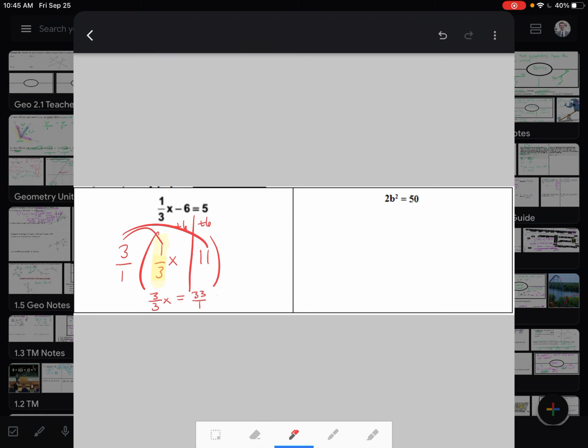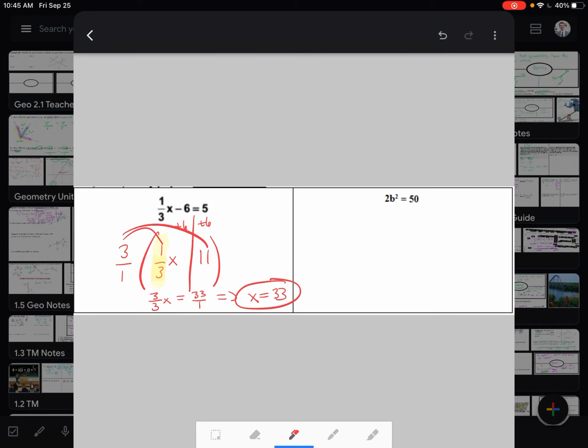Then if we simplify it, that 3/3 is 1x, and 33 divided by 1 is 33. So we'll see that as our full answer there on the left side, and that's a reciprocal type question. See if you can use the same kind of idea to work through the next one.